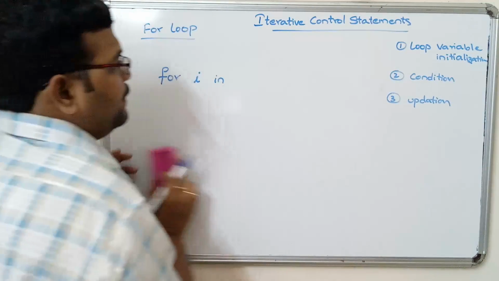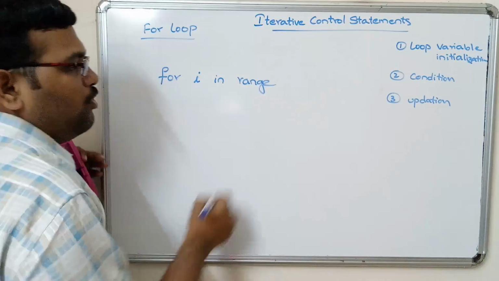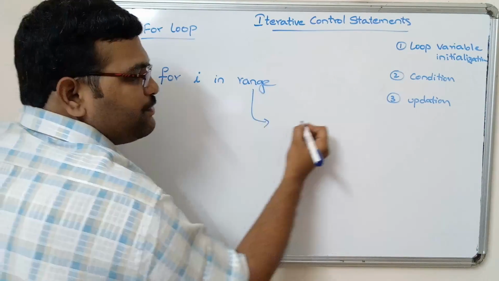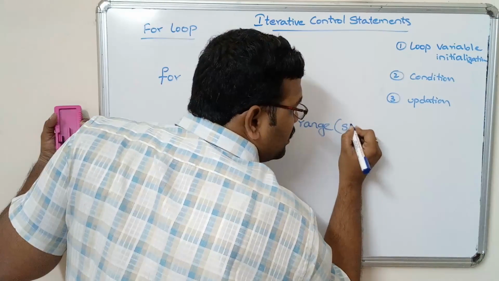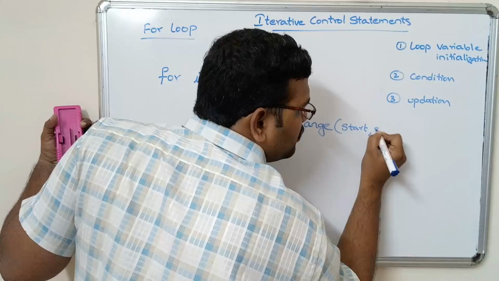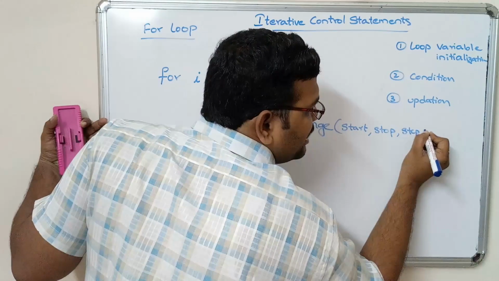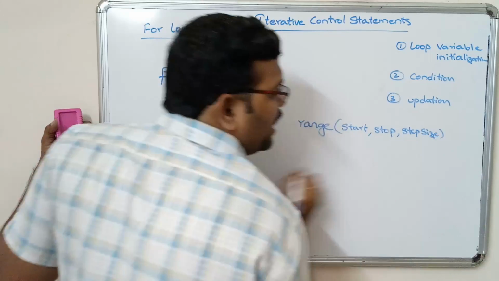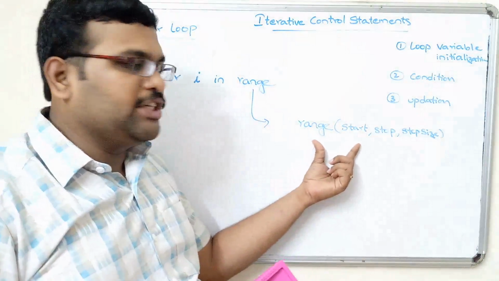See, I in range. Now let us see the syntax for this range. Range(start, stop, step size). So there are three arguments involved in this range function.